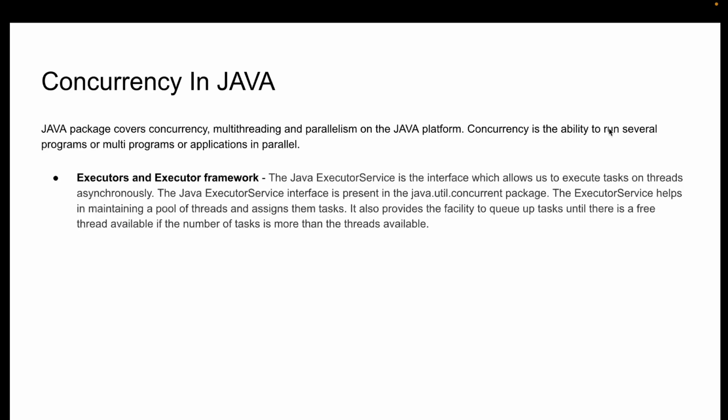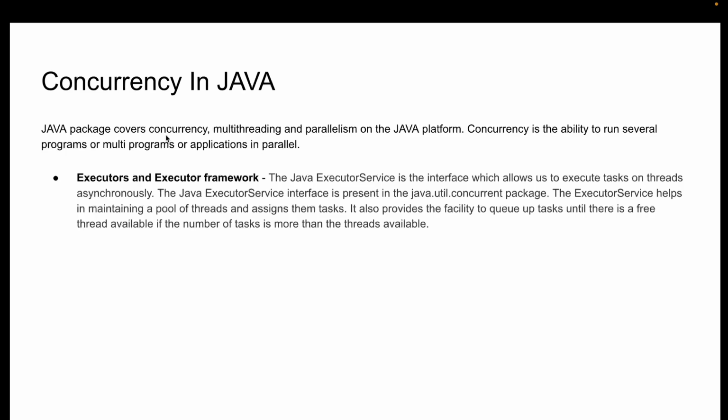Concurrency is the ability to run several programs or applications in parallel, so it's about running a lot of programs at the same time. There are a lot of ways in which concurrency can be achieved.